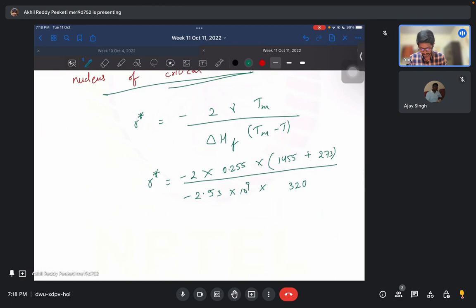Okay, so that is given as 320. So if we substitute all these values, then we will get the critical radius as, let me calculate it, 0.255 into 1455 plus 273, and 2.53 into 10 power 9 into 320.